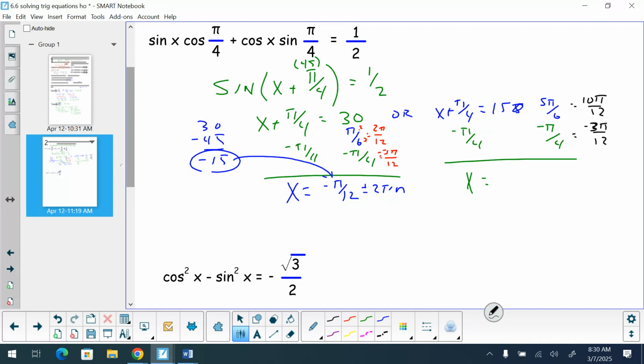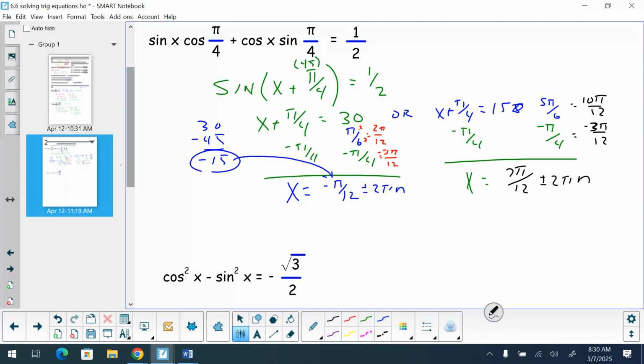Or if you want to, in your calculator, you could take 5/6 minus 1/4, hit your math button, hit enter, and you'll be able to come up with the same fraction, 7 pi over 12, plus or minus 2 pi n.